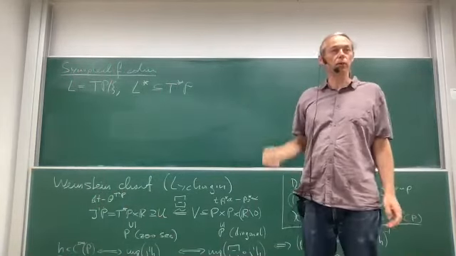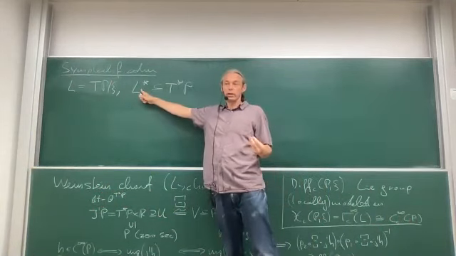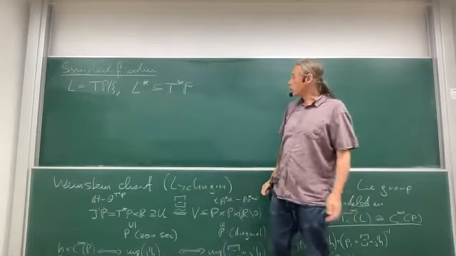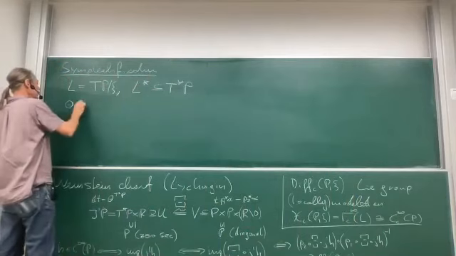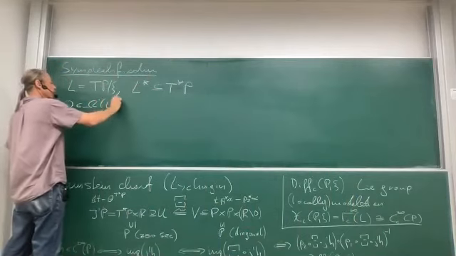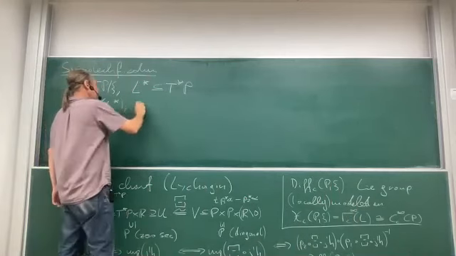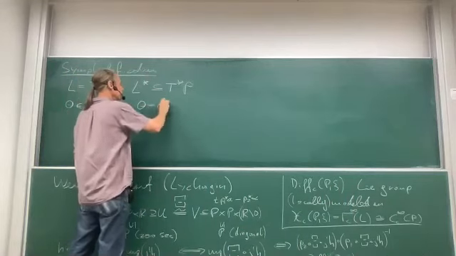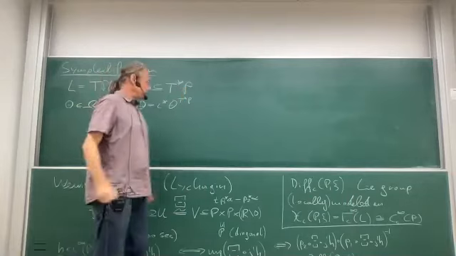We can pull the canonical one form back to the total space of L star, and we're going to get a canonical one form on this dual bundle. Theta, the one form we get on the total space of this line bundle. And one way to understand theta is that it's just a pullback of the canonical one form, under the inclusion into T star P.